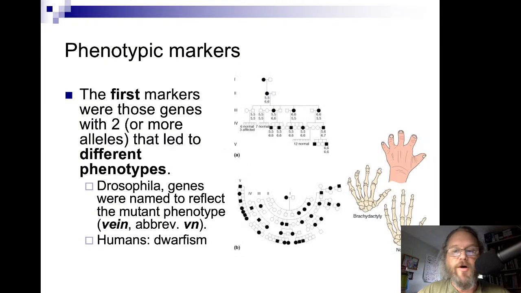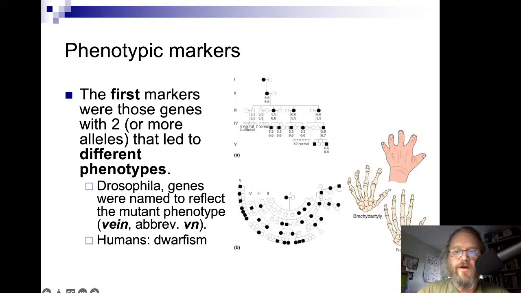So phenotypic markers, right? So this goes all the way back to Mendel. So Mendel's factors turn out to be genes, and the different phenotypes, of course, correspond to different alleles. And so the first markers are discrete differences in phenotype. So there's lots and lots of these.